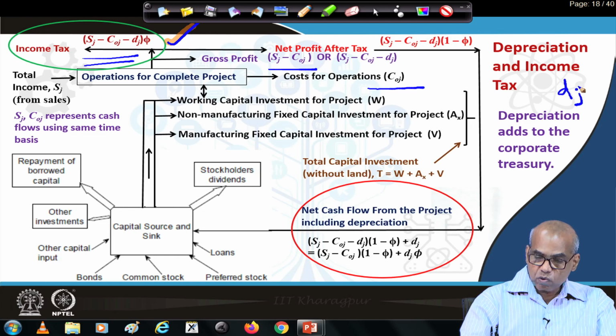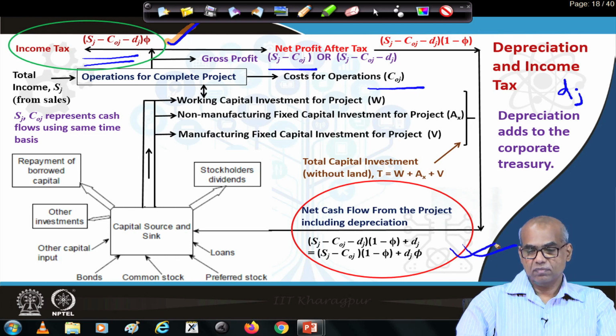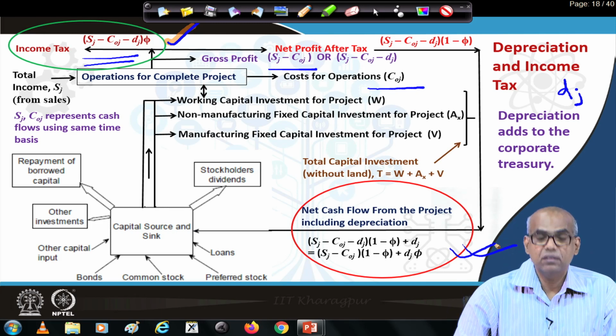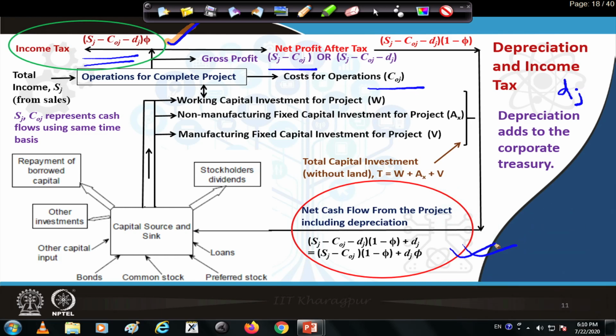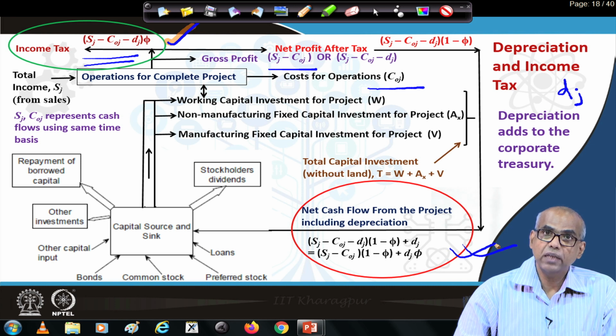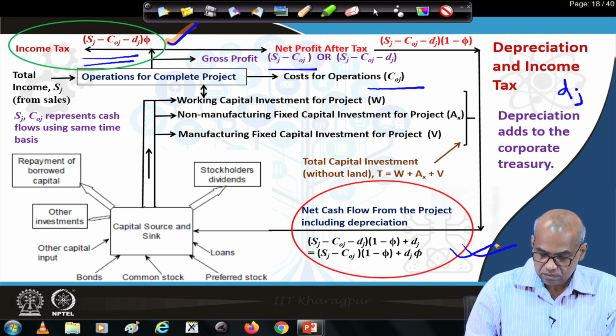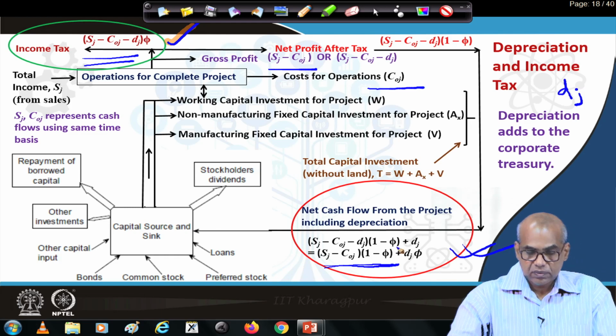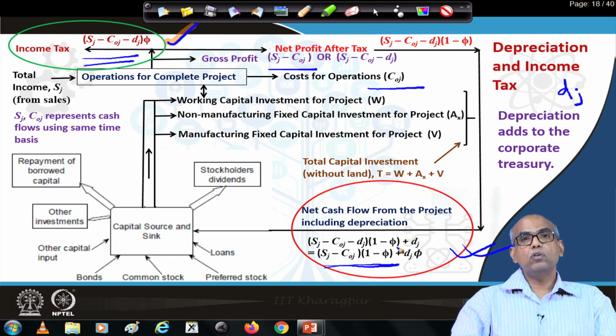Now, if you look at this block, if there was no dj, no depreciation, you would have paid Sj minus Coj times phi. So, Sj minus Coj into phi would have been the income tax, and Sj minus Coj times 1 minus phi would have been your net profit after tax.